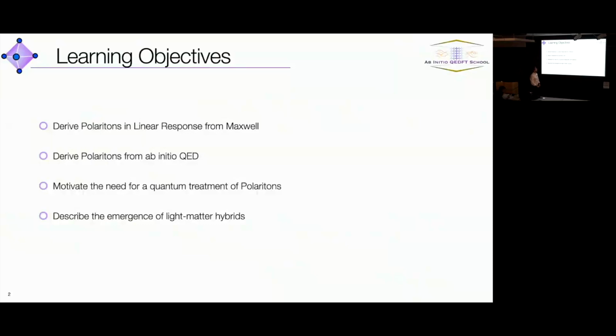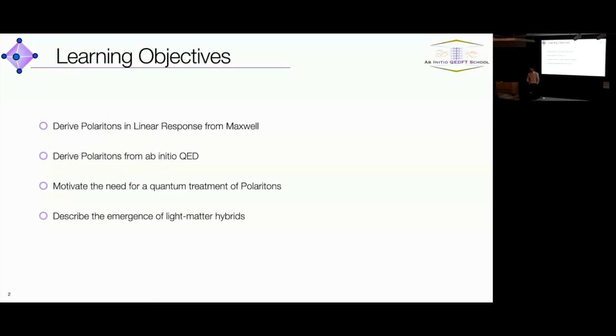So what we will do today, at least try to get through all of them if we have time, are these following points. First of all, we have talked about the quantum description of light and matter, but in fact, a lot of the polaritonic properties are already described from a Maxwell perspective. So you don't need quantum at all.